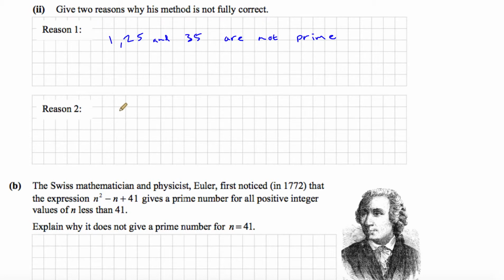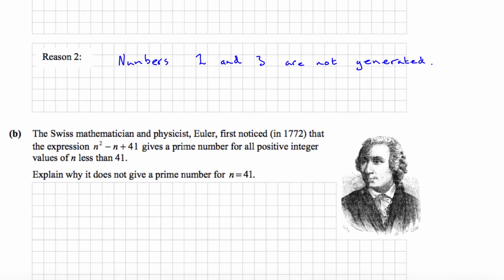And the other reason would be that the numbers 2 and 3 are not generated. They're prime. So there's our 2 reasons.